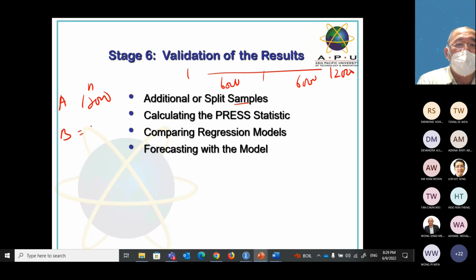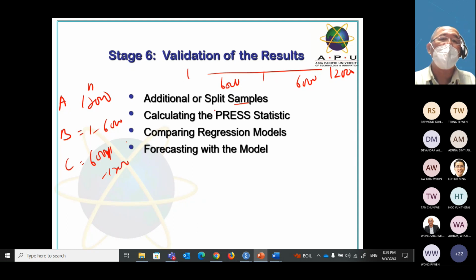Model B is 1 until 6,000, so the sample is 6,000 respondents. Model C is also 6,000, from 6,001 until 12,000. You compare the full model. Model A, we call the full model. Models B and C, we call subsamples.